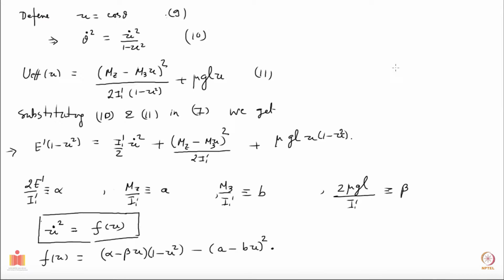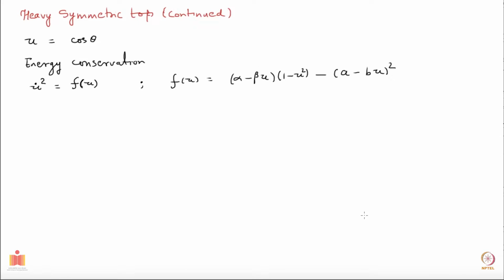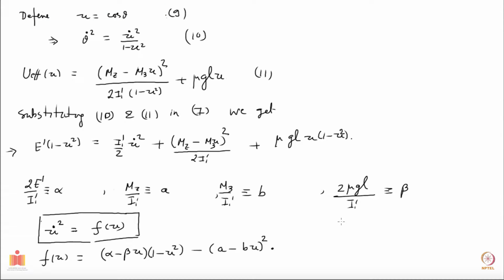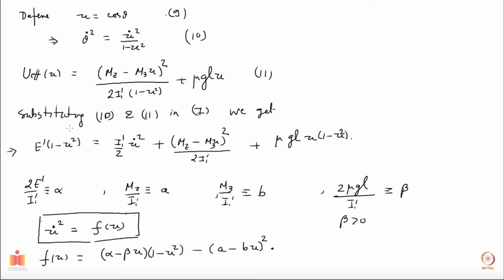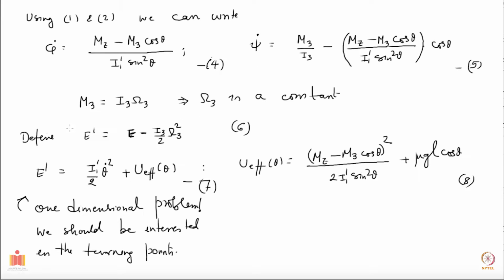Let's go back and see somewhere here it should be. Okay, and also you see that beta is positive. You have 2 mu g L over I1 prime. Okay, so beta is positive. Let's return. Okay, that's good. And also let's go back and see that we had written down an equation for, I believe, phi dot somewhere. Yes, so we have a phi dot.